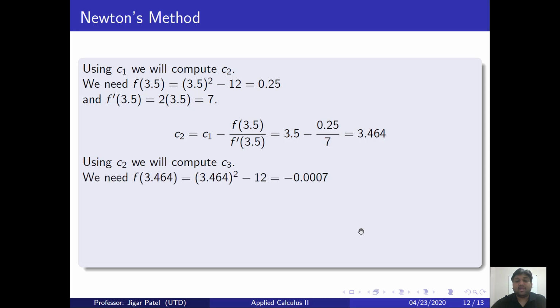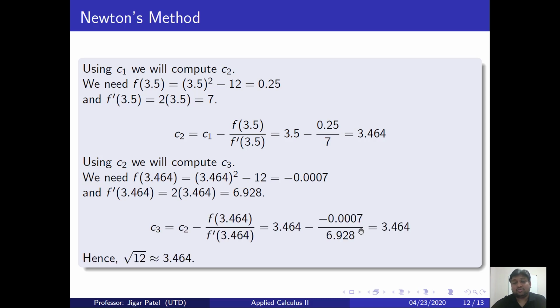Compute c3. For c3, I realize that f at c2 is pretty small, negative 0.0007, and f prime is very big, so the ratio is going to be close to 0. I get 3.464 again, as I said. So c3 and c2 are indeed the same number if you consider only 3 decimal places. So at c2 the process usually terminates.